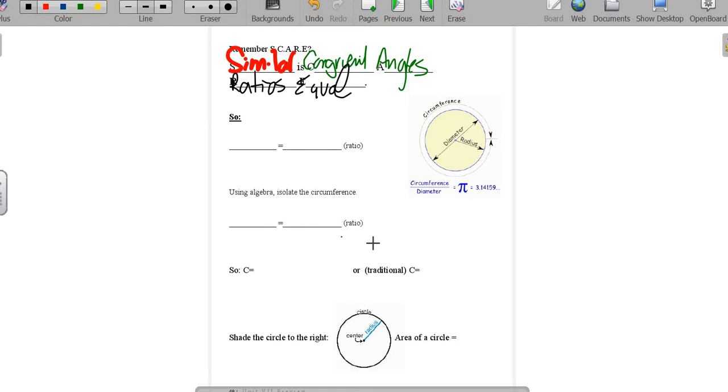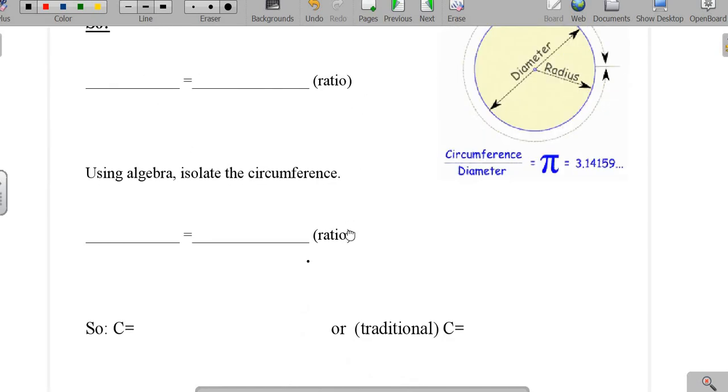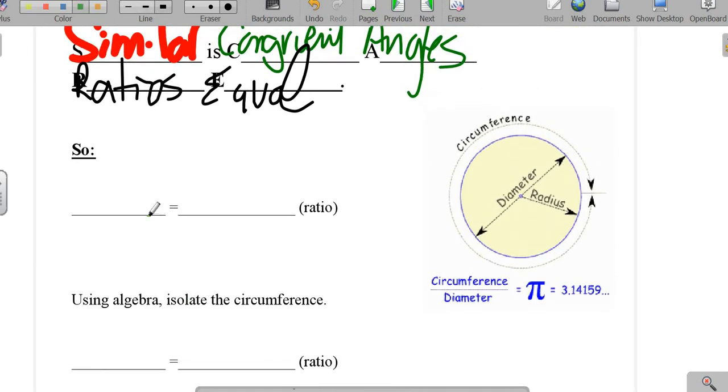So similar means congruent angles, ratios equal. And since we've determined that all circles are similar, we're going to be focusing on what is this equal ratio.